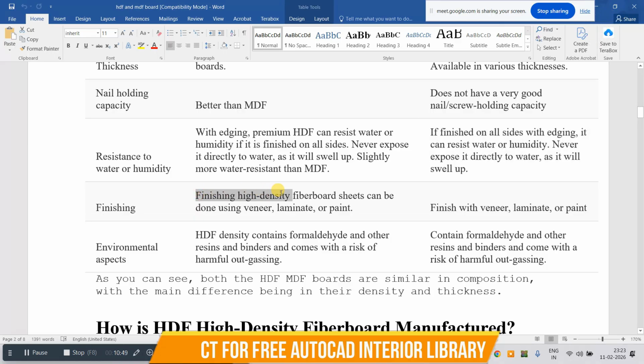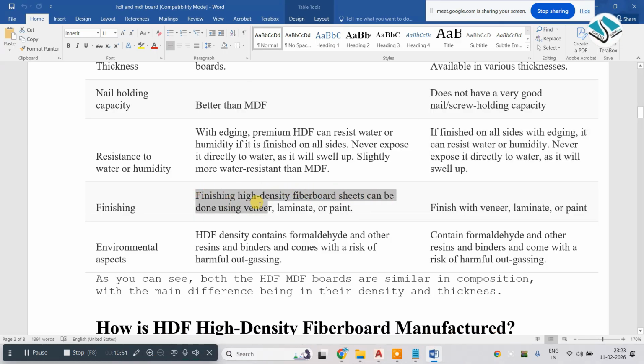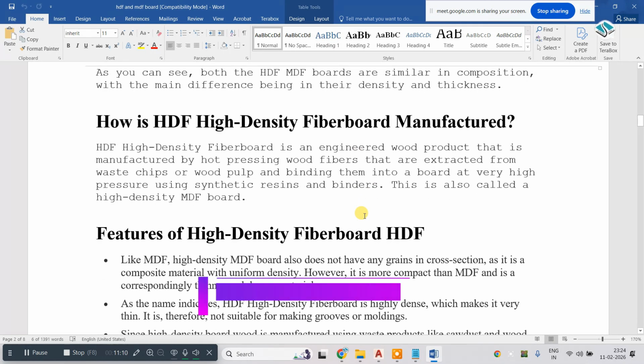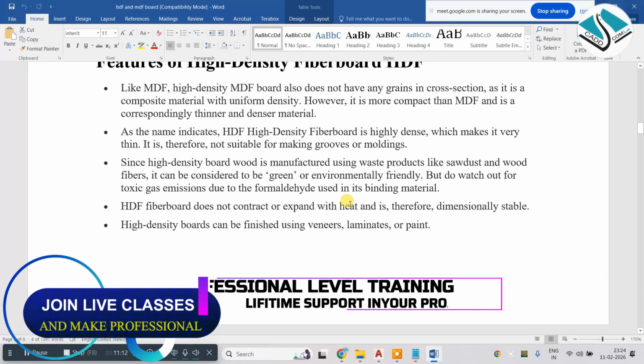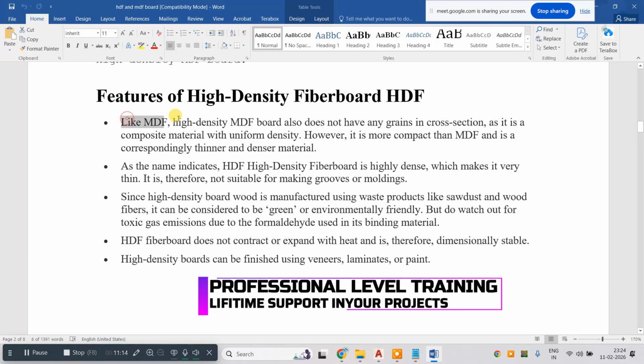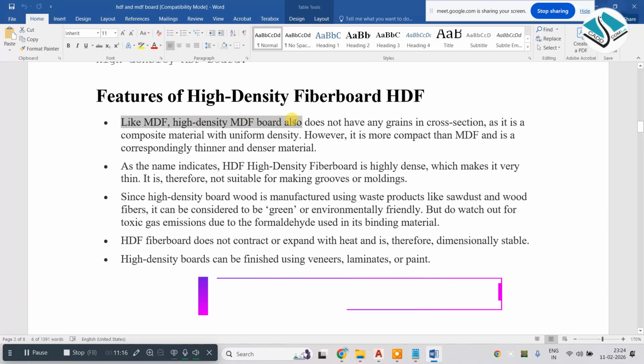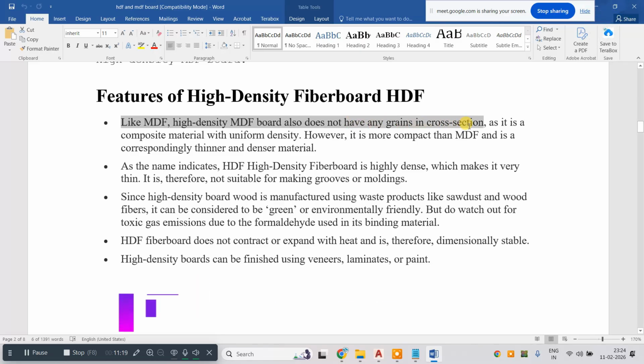Furnishing. High density fiberboard sheet can be finished using veneer, laminate, paint. So on MDF plywood, we can finish with veneer sheet, laminate sheet, paint also. And in HDF, finish with veneer, laminate, paint. So features like MDF, high density MDF board also does not have any grains in cross sections.